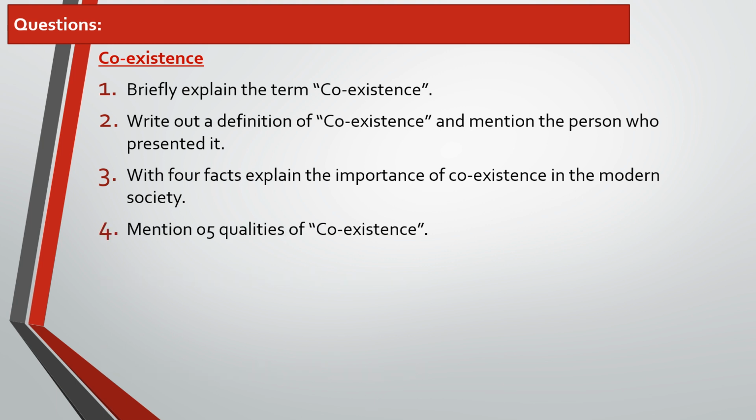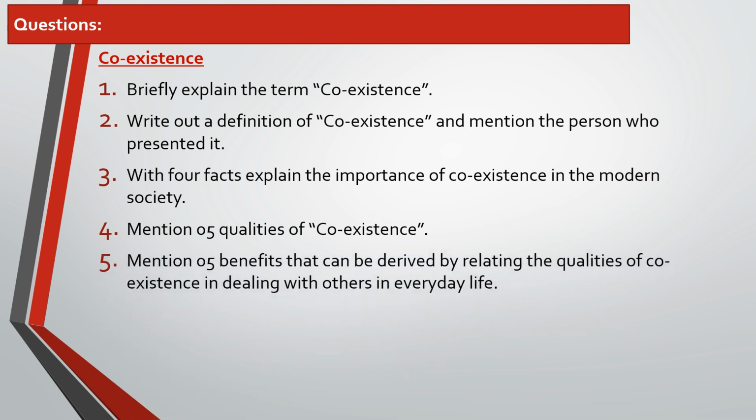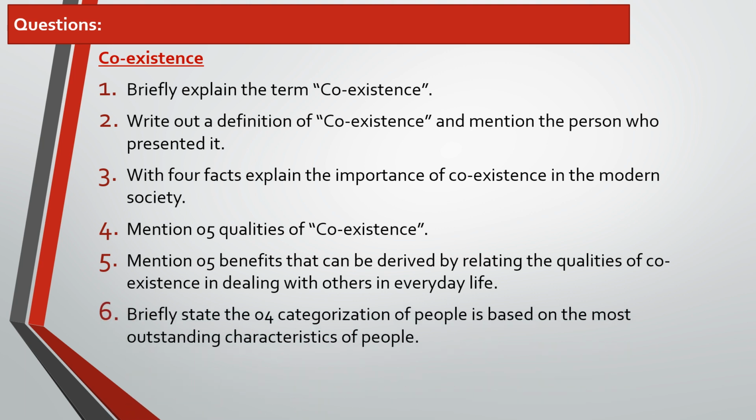Fourth one, mention 5 qualities of coexistence. Fifth one, mention 5 benefits that can be derived by relating the qualities of coexistence in dealing with others in everyday life. Sixth one, briefly state the 4 categorization of people based on the most outstanding characteristics of people. So these are the questions that you need to answer.